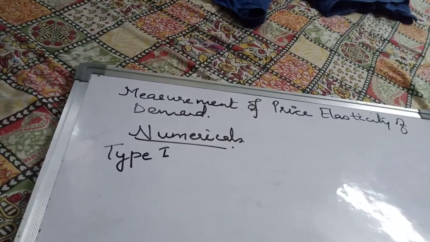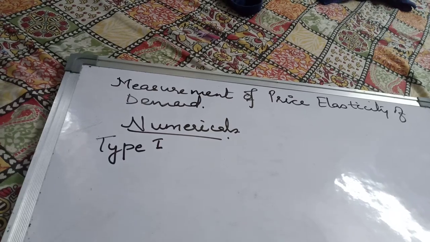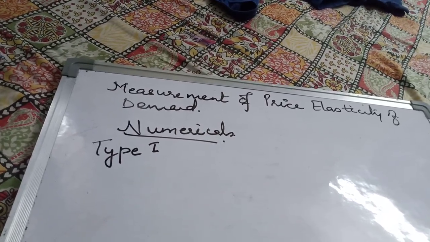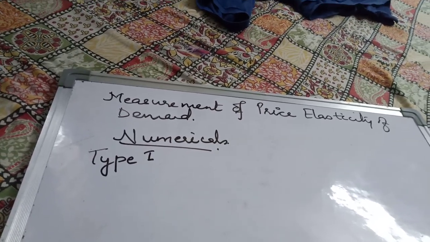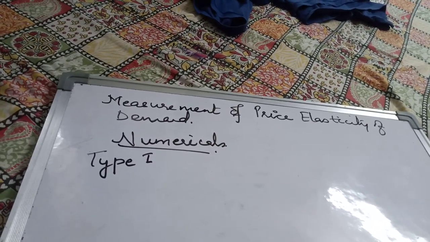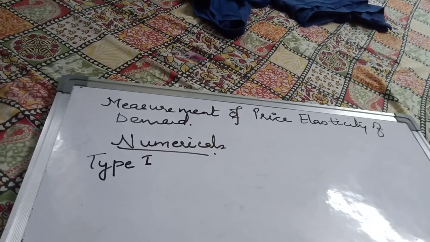Okay, I am dictating a question, so I want you all to write it. When the price per unit of a commodity is rupees 20, quantity demanded is 200 units.